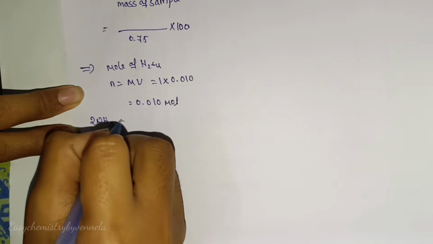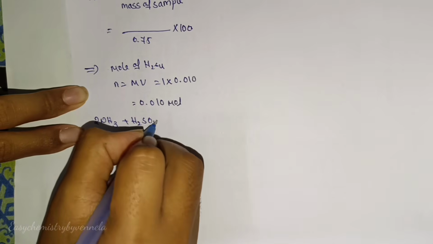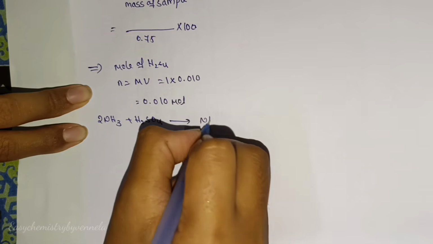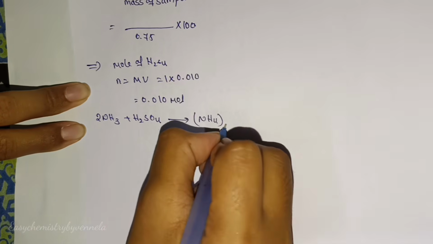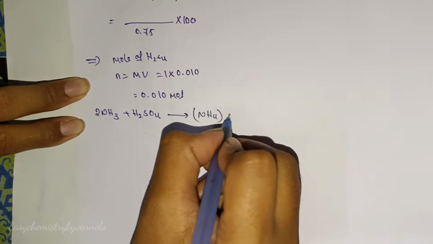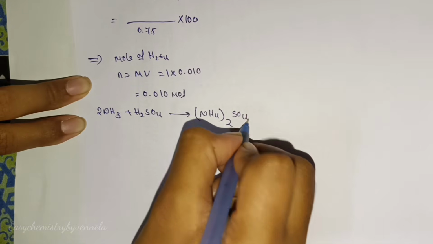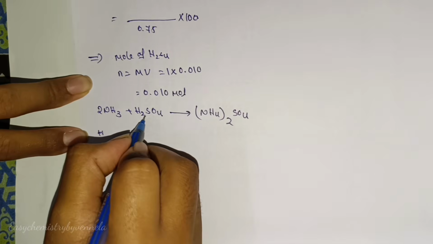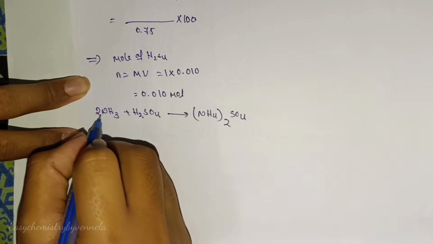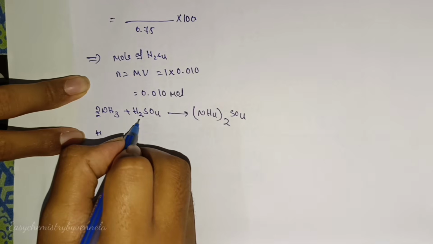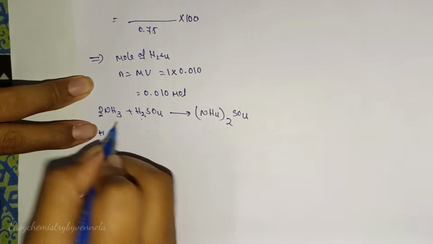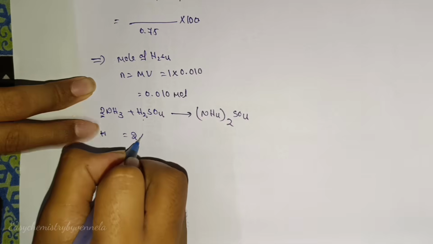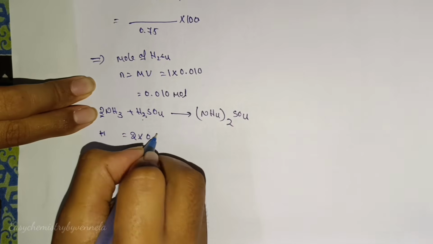What is the reaction? 2 moles of ammonia react with H2SO4, it gives (NH4)2SO4. Here 1 mole of H2SO4 is equal to 2 moles of ammonia. So moles of ammonia is equal to 2 into 0.010.